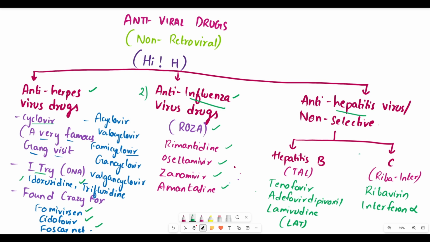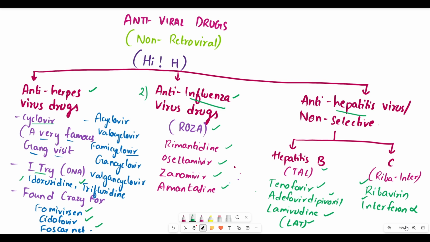These are further divided into hepatitis B and C. For hepatitis B drugs, remember the trick as LAT or TAL, where L means it is lamivudine, A means adefovir, T means it is tenofovir. Coming to hepatitis C, remember that RIBA is studying in inter. RIBA means ribavirin. Inter means interferon alpha. So that is the complete classification of antiviral drugs with simple tricks.